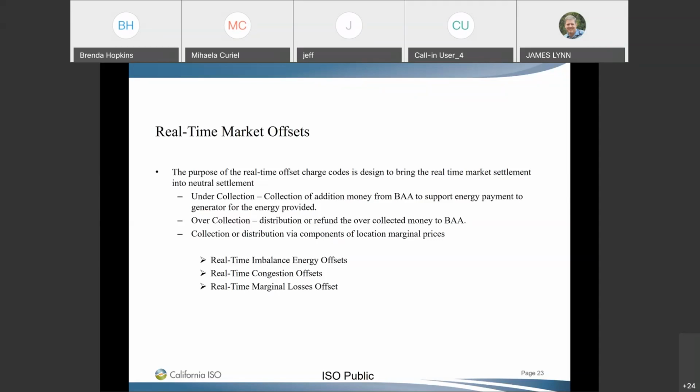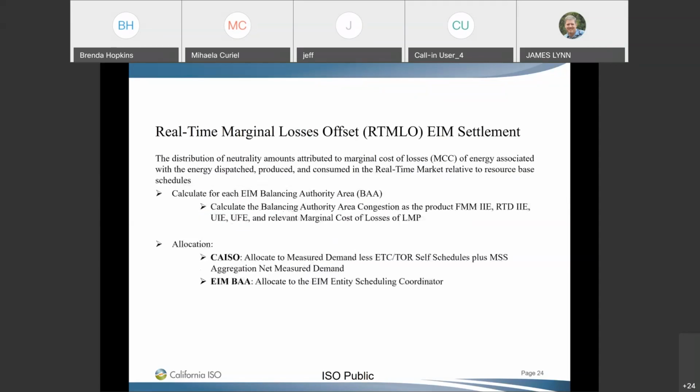Now, that's the first one. For ISO, what we do is we allocate it to measured demand, in essence. We have various components. It's measured demand less ETCs and TORs, and if you're in MSS, then it's going to be your MSS aggregate net measured demand.